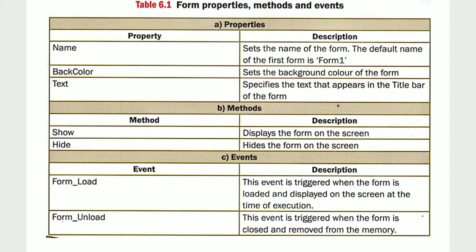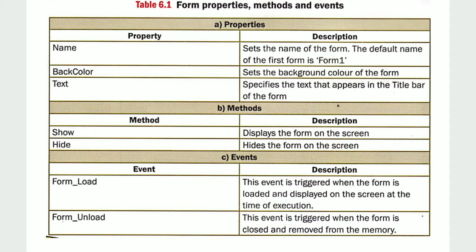The next property, which is not described on the screen, is the visible property. The form is invisible if the false value is set, and it will be visible if the true value is set. By default, the true value is set in the visible property.